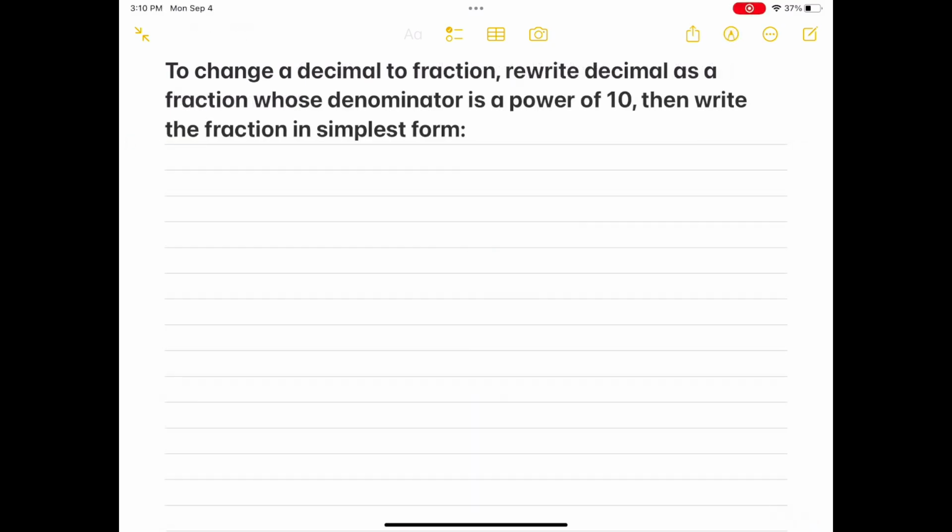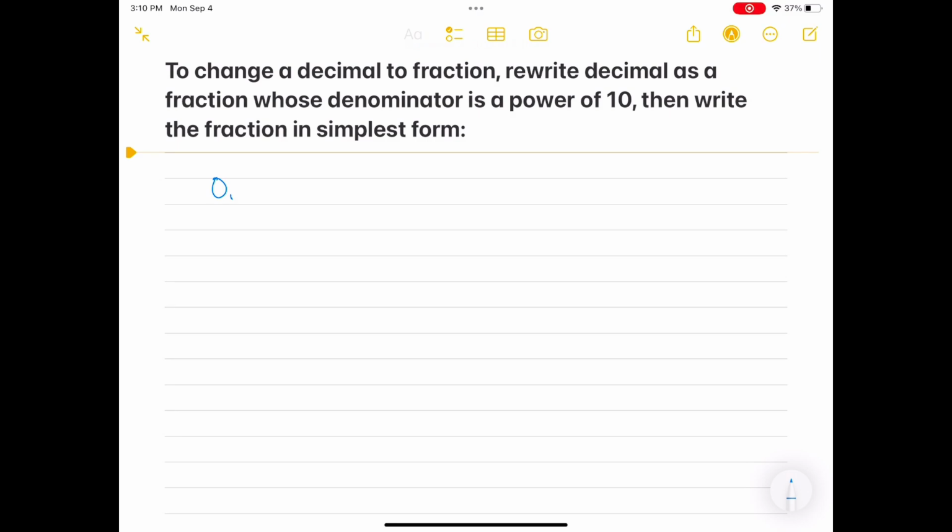To change a decimal to a fraction, rewrite the decimal as a fraction whose denominator is a power of 10, then write the fraction in simplest form. So 0.5 becomes 5/10. To convert to simplest form, we do prime factorization of both the numerator and the denominator and cancel out the like factors.